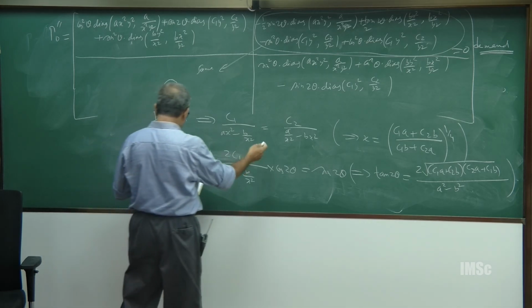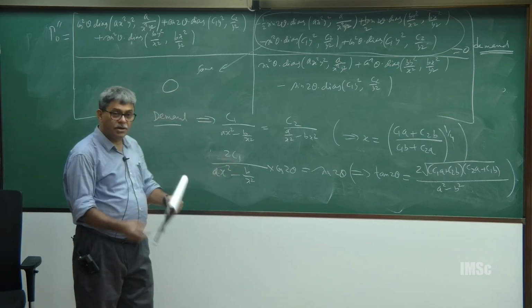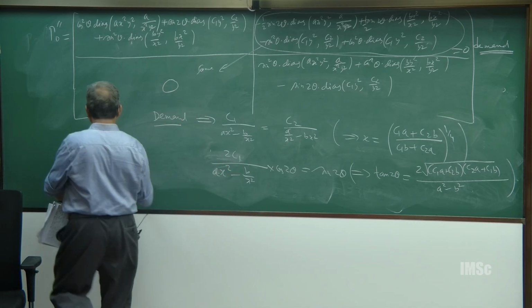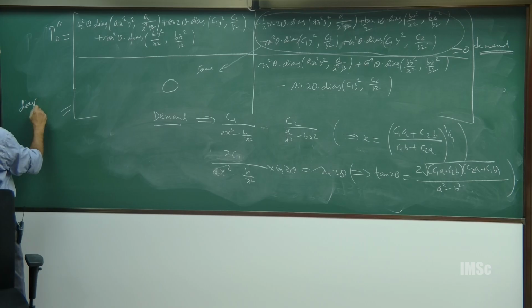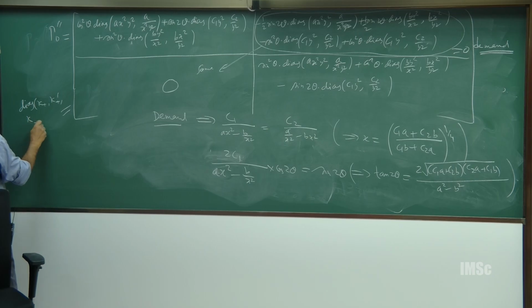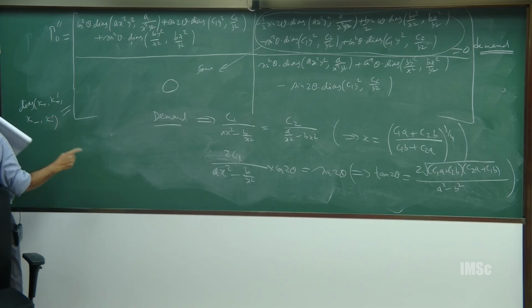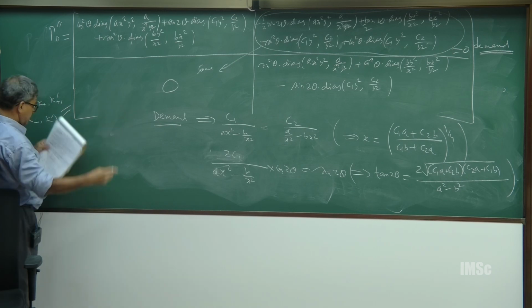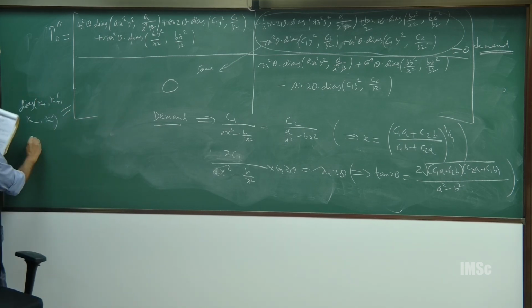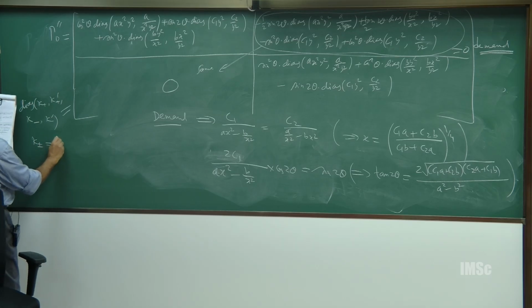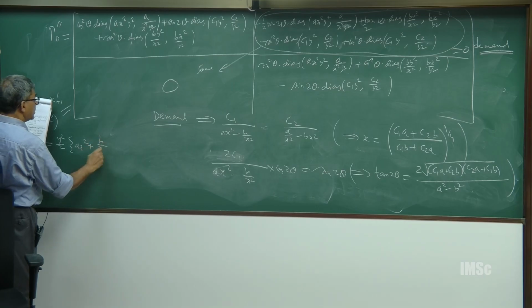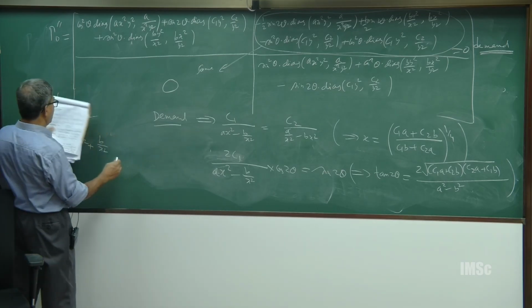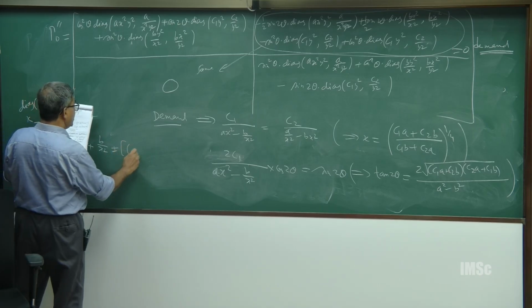So, with the help of this, you can now figure out that this is equal to diagonal of kappa plus prime, kappa minus prime, because ultimately it will be diagonal, right. And then you can write down this kappa plus minus is equal to y square by 2 a x square plus b by x. Of course, you will have to put the value of x, which I have not yet put here.